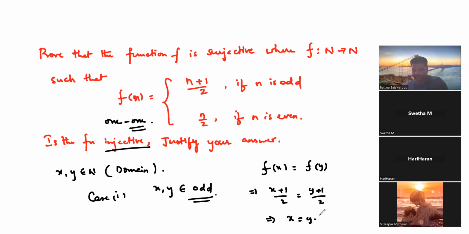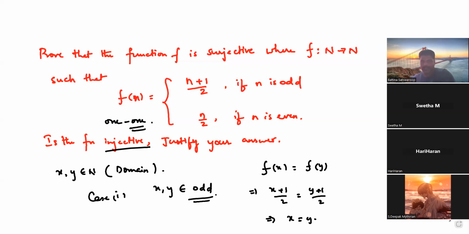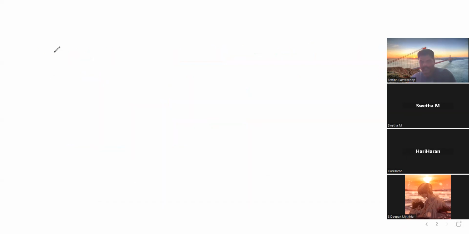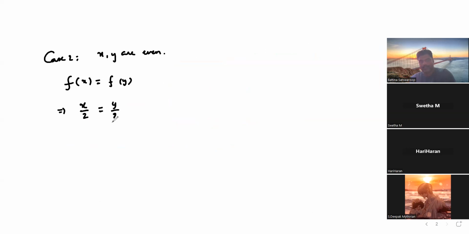Am I right, sir? Yes, sir. This is the first case if both are odd. Next, second case, sir. Case 2. If x comma y are both even, then f of x will be equal to f of y. I can say that x by 2 is equals to y by 2. That implies x is equals to y.